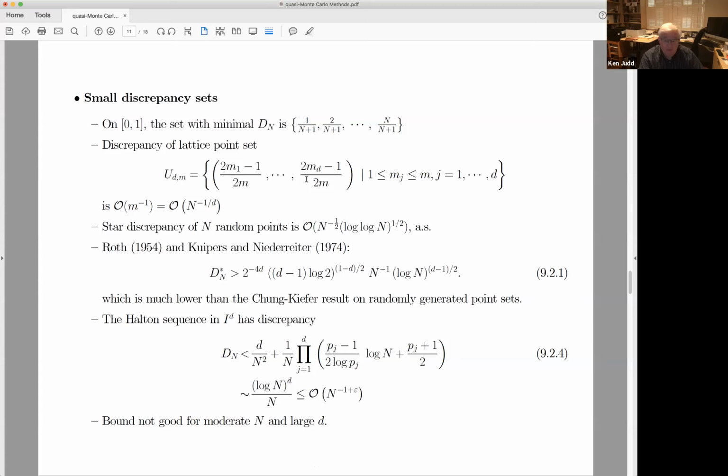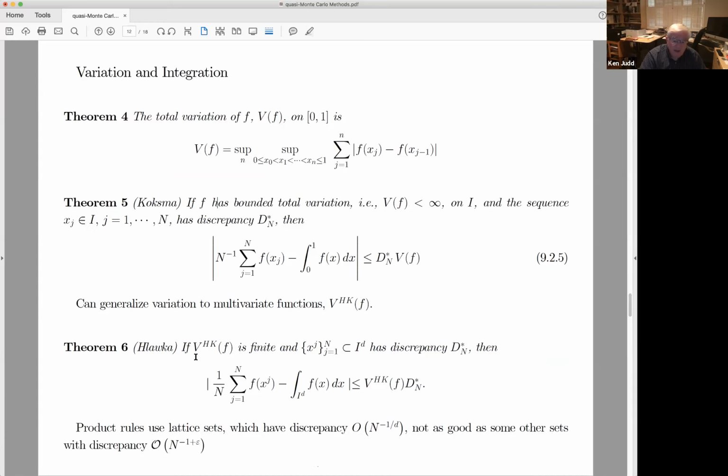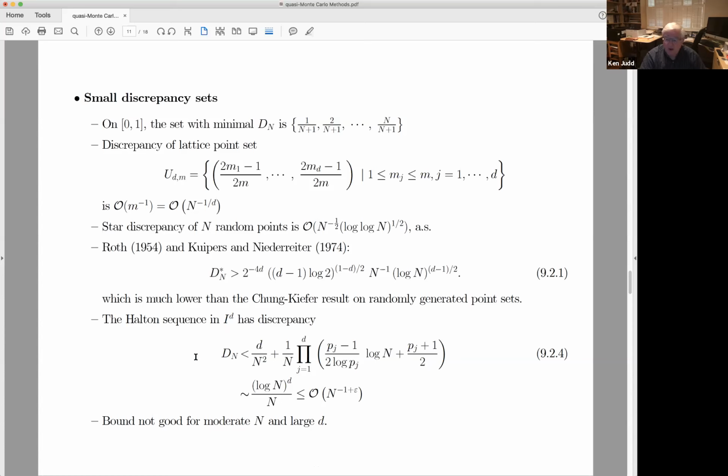Then, if you did in d dimensions a tensor product of those one-dimensional intervals, what you'd find is that their discrepancy is order of n to the -1 over d. However, we can do much, much better. You can read the fancy math if you want, but the thing is that tensor products of points are bad.